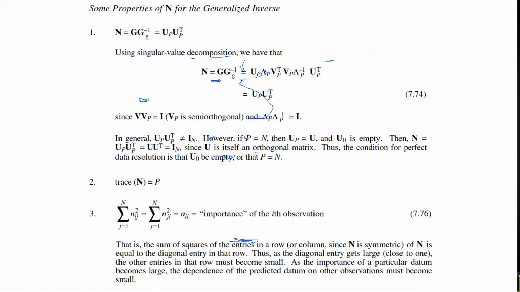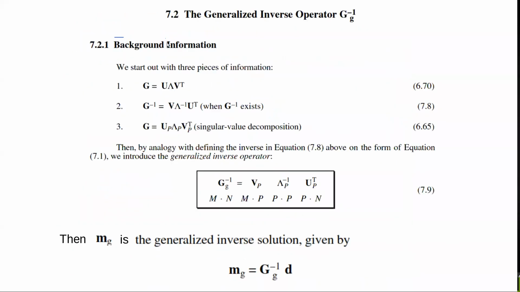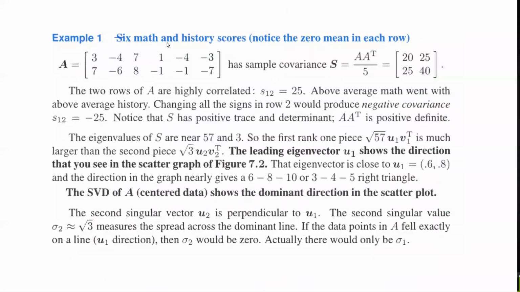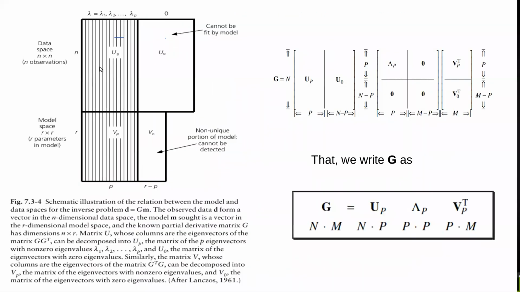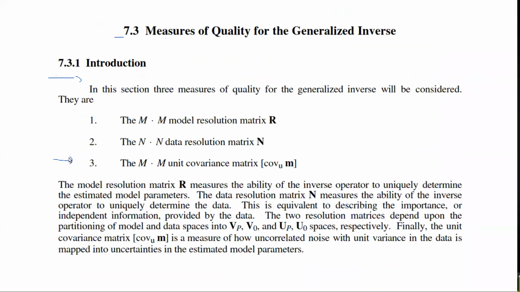And so again, remember that we were saying that the U and the V, especially when we're here, sorry for going all the way back, the U's are related to the data space, the V's are related to the model space, okay? Here we can see them clearly.